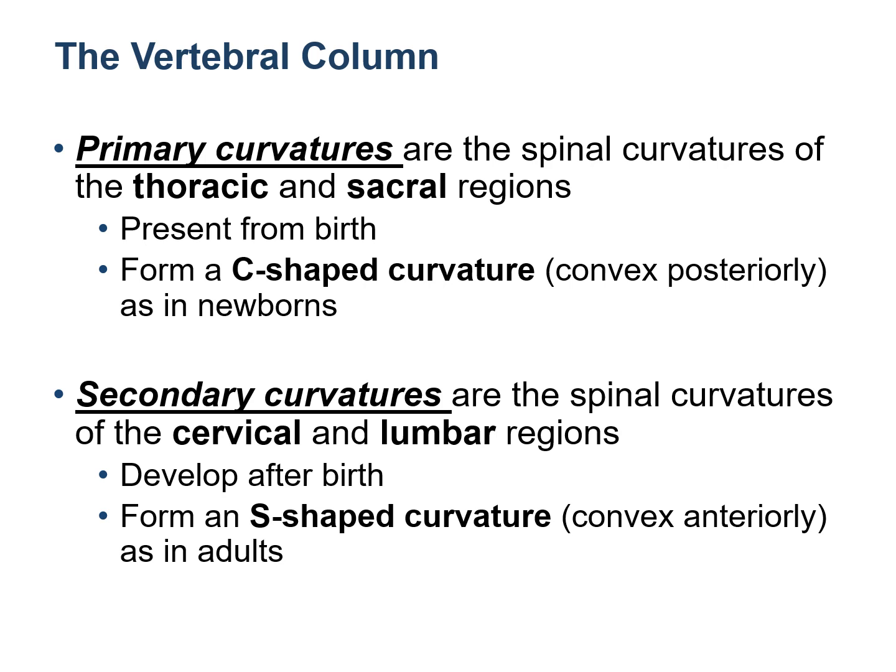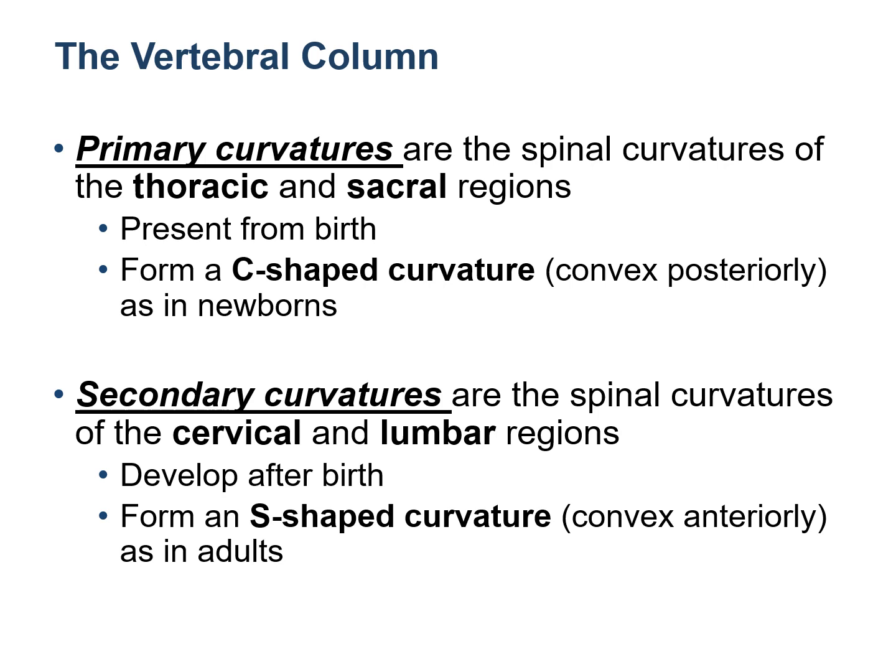The human vertebral column is not straight. It has curvatures. There are two types of curvatures. Primary curvatures are something that you are born with, while secondary curvatures are developed after birth. The primary curvatures are in the thoracic and the sacral regions, while the secondary curvatures are in the cervical and the lumbar regions. The primary curvatures form a C-shaped curvature.